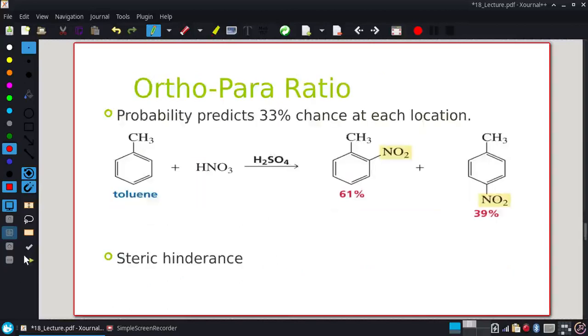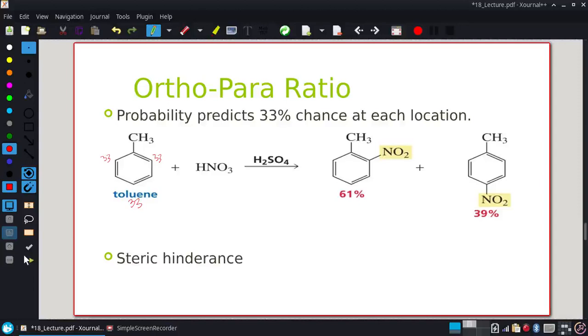All right, so ortho-para ratios, we typically expect about a 33% chance for all of those positions. So 33% chance it's here, 33 it's here, and 33 it's down there. But since these two lead to the same product, technically, we see that most of the time.